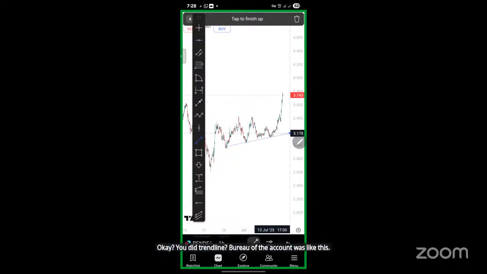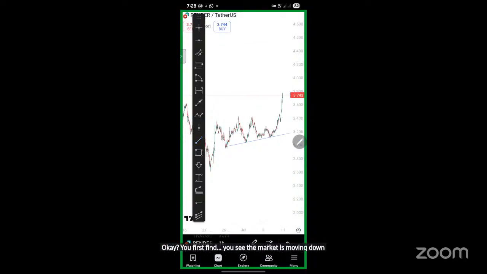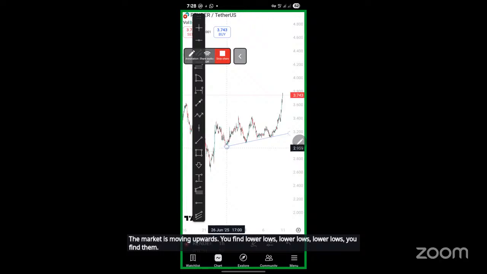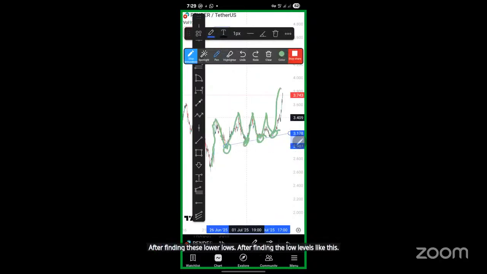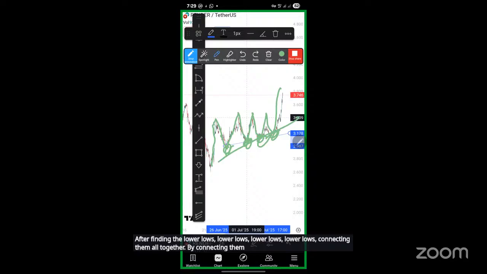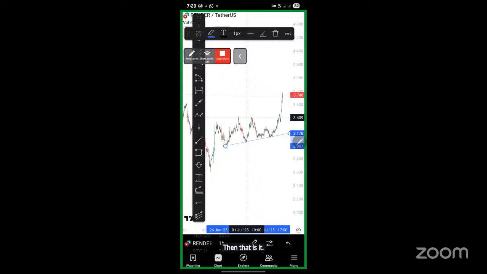You see the market is moving upwards, and you find higher lows, higher lows, higher lows. After finding them, connect them all together using a trend line, and then that is it. You are drawing a trend line, and it will work as a support area for you.